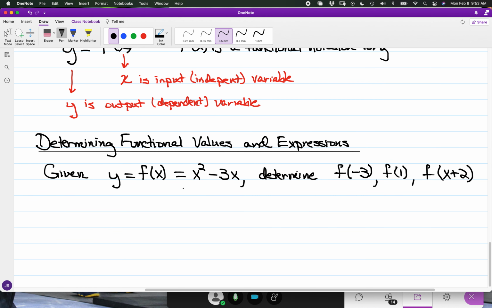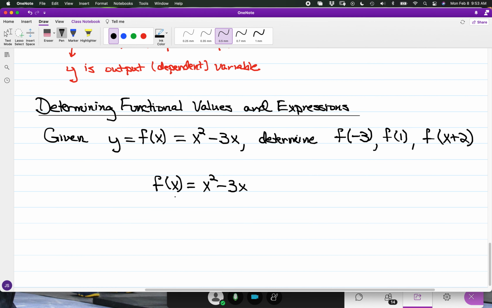So we have in our expression for the given function, once again, f of x is equal to x squared minus 3x. Now for f of negative 3, I'm switching over from x as the input to negative 3 as the input.